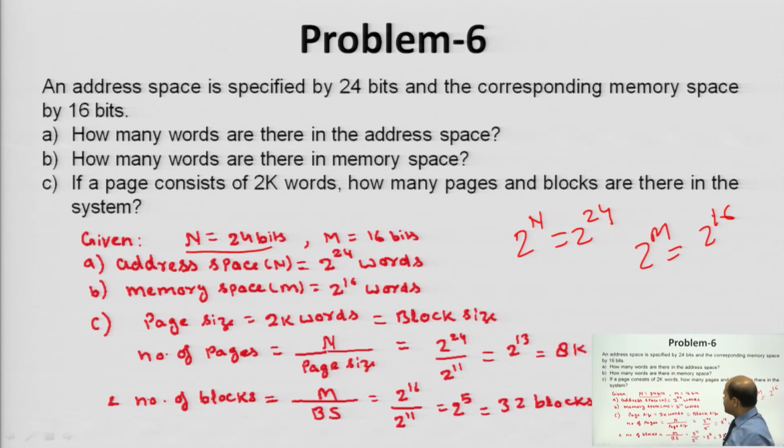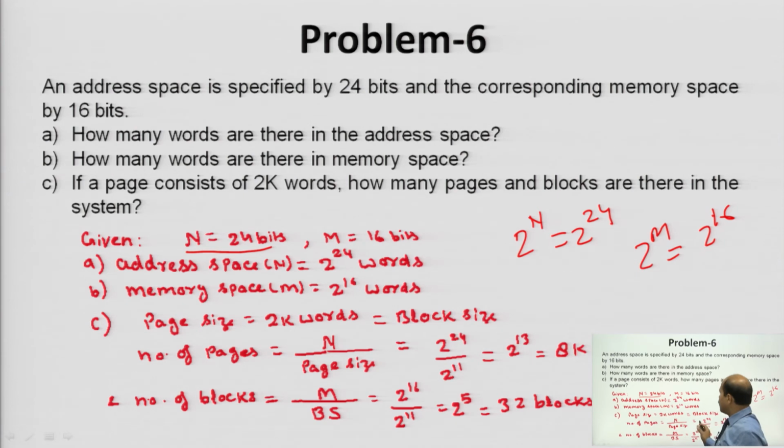Now, if a page consists of 2K words, how many pages and how many blocks are there in the system? Obviously, the page size will be equal to the block size, because in the virtual memory concept, the pages are shifted into a block. Obviously, their sizes must be equal.